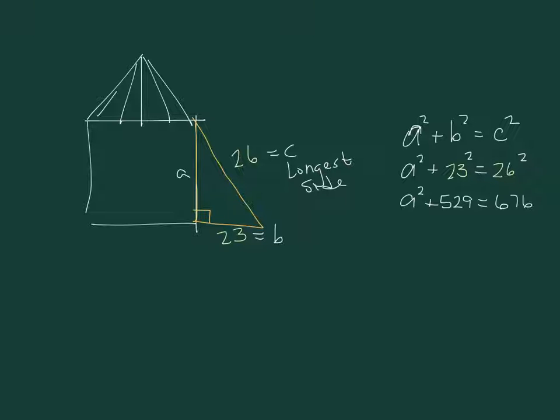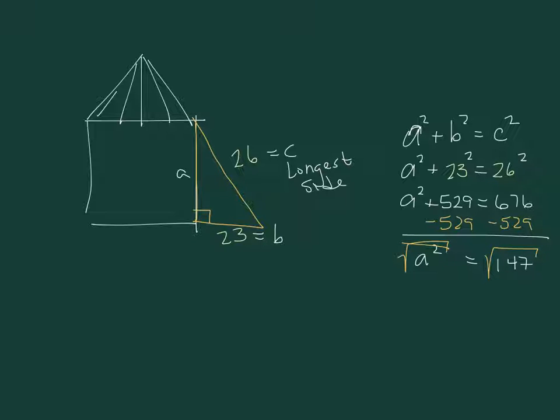And so I'm going to subtract 529, subtract 529. That's going to leave me with A squared equals 676 minus 529. That's 147. And then I'm going to square root and square root.